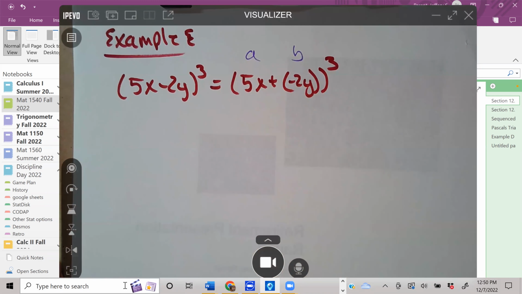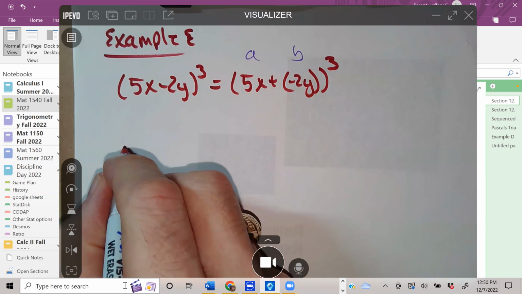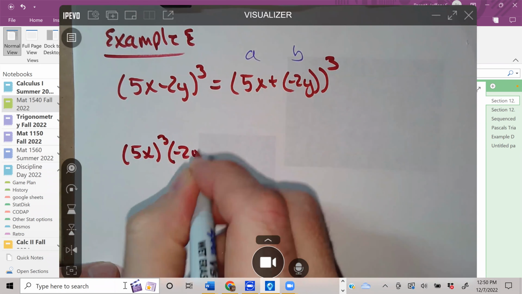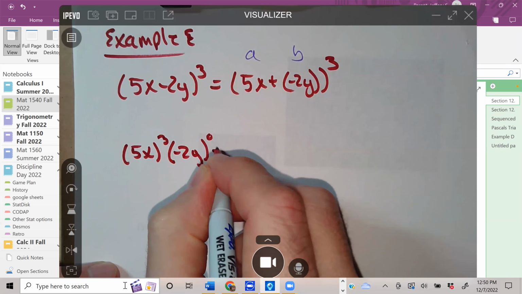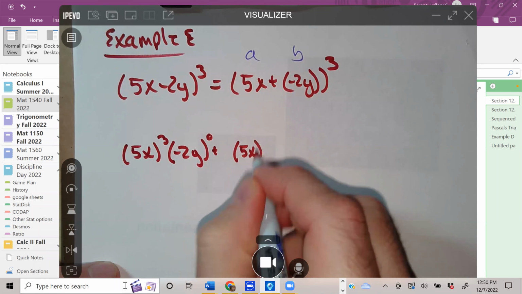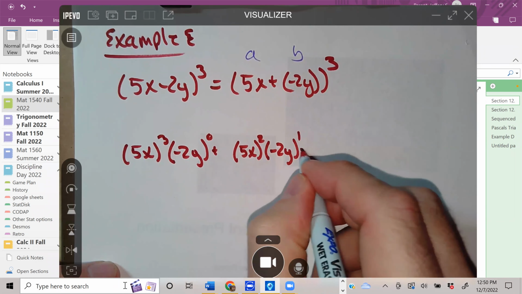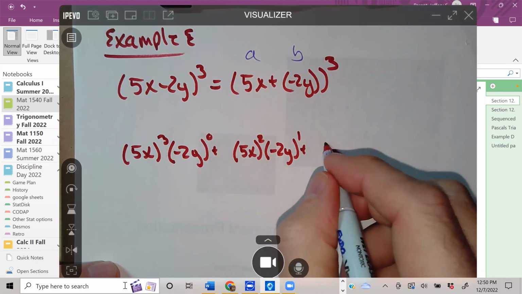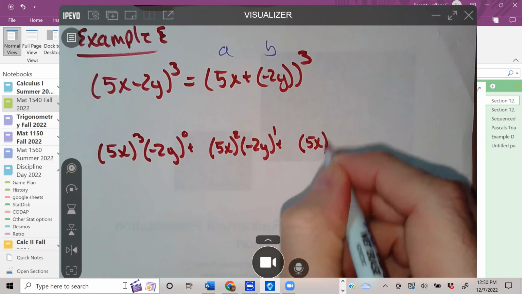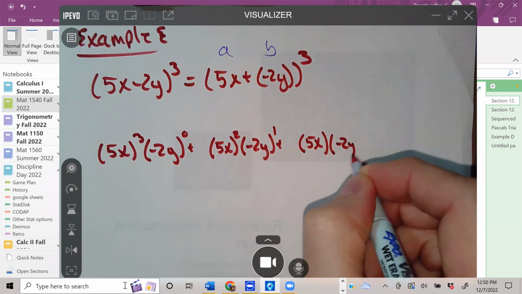Awesome, thank you. So this term we're going to start out by writing it as 5x cubed times negative 2y to the 0 plus, and then leave a little space here, 5x squared times negative 2y to the first power plus, and again, leave a little space there to write in some coefficients. 5x to the first power, I'm just going to leave it as not written, negative 2y to the second power.